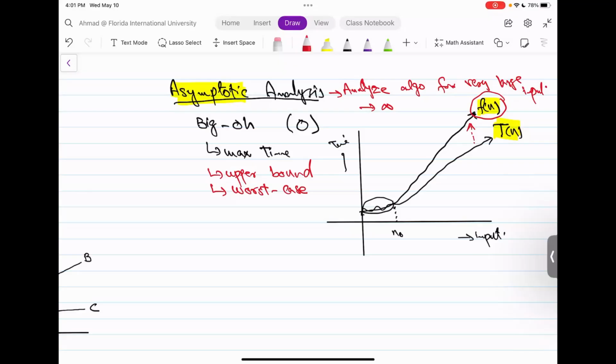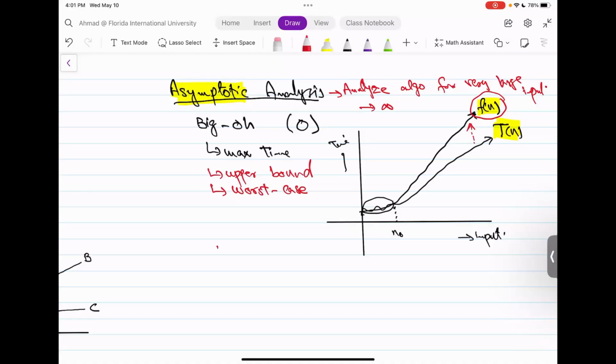And the big O notation gives us the upper bound, no matter how large the input size is. This function cannot go beyond this time, beyond this function, right? If that is the case, we write big O, and we can represent it like this.